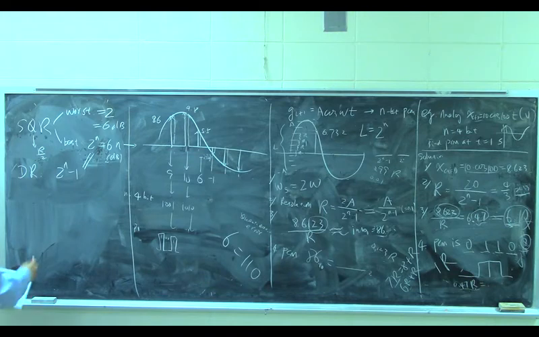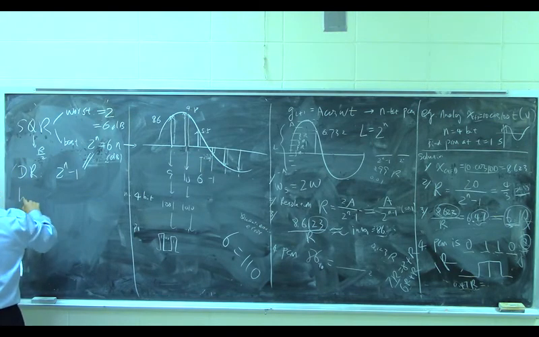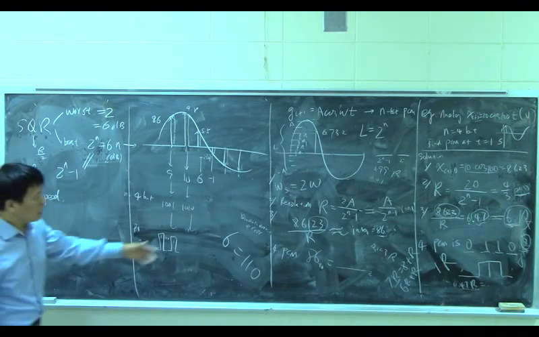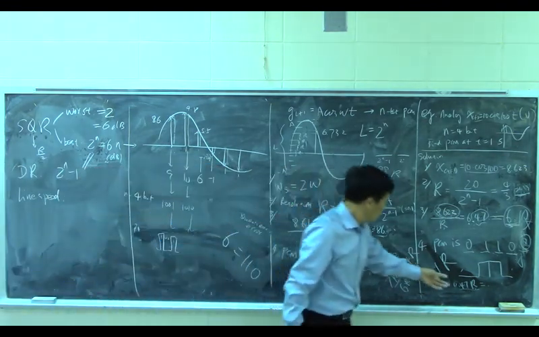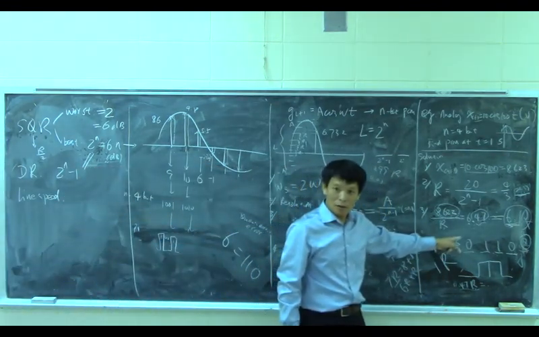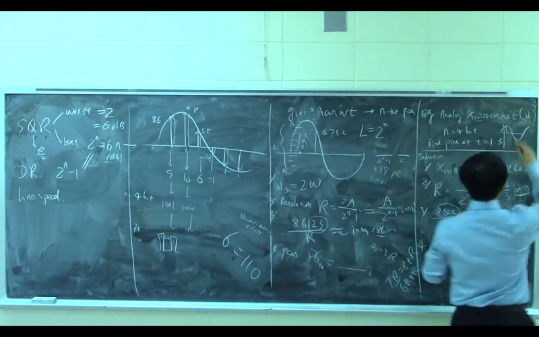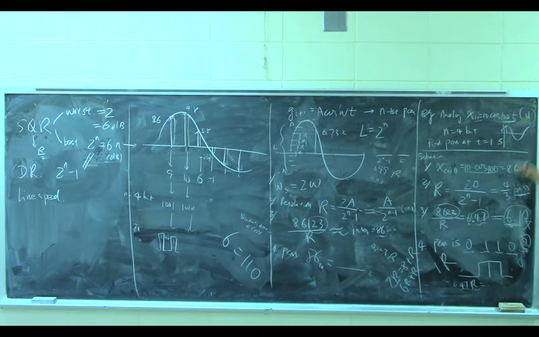Okay, next one is called line speed. What is line speed? Once we get this PCM code, we said when t equals 1 second, how many of these procedures should we do in 1 second?